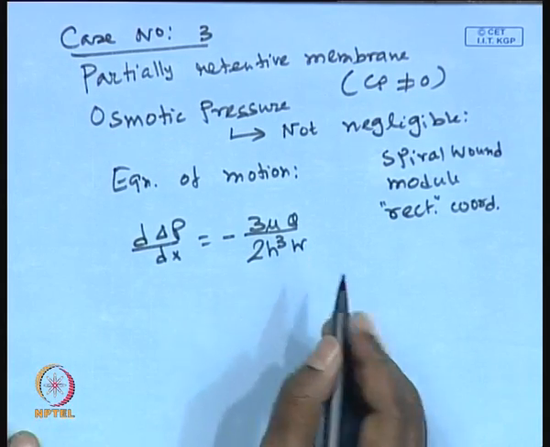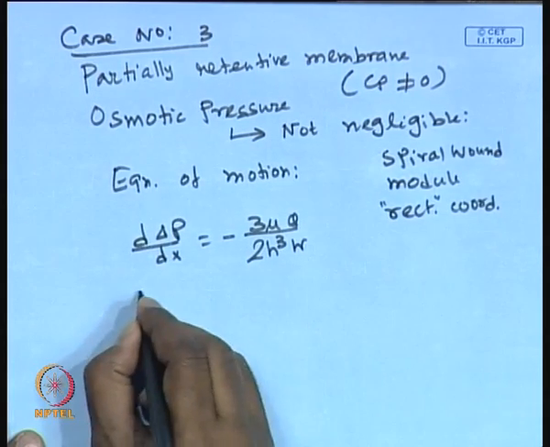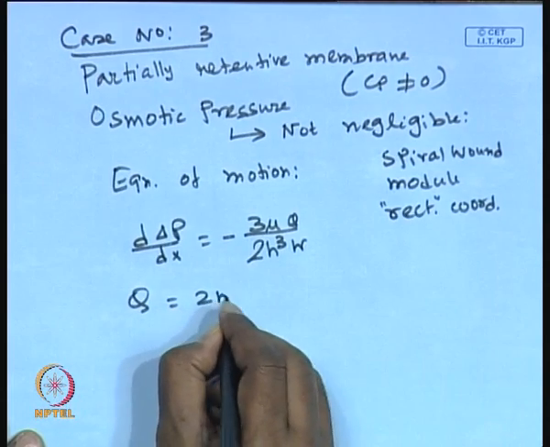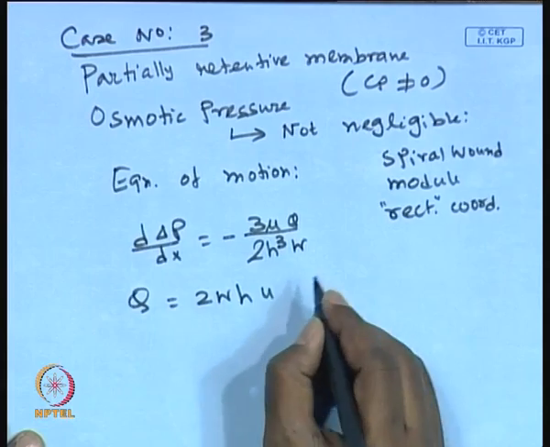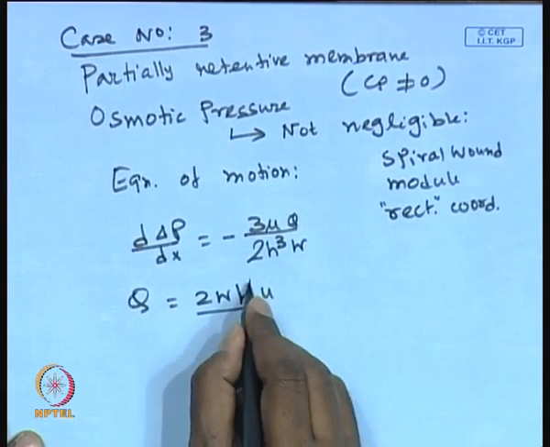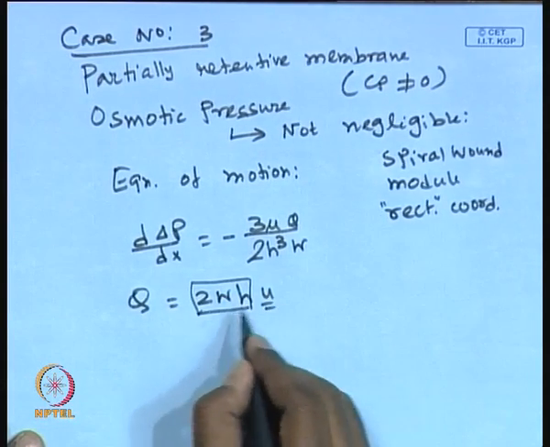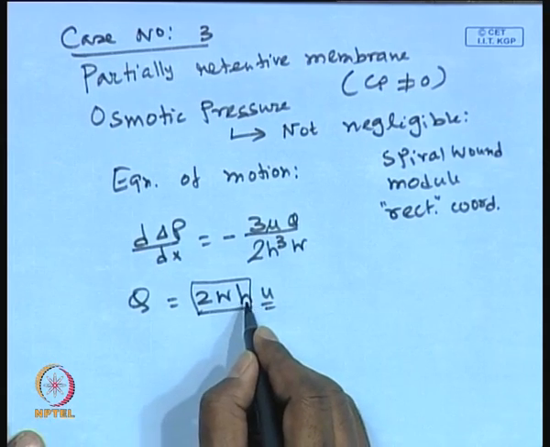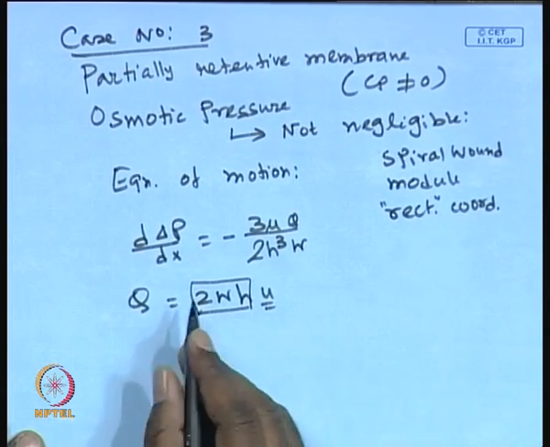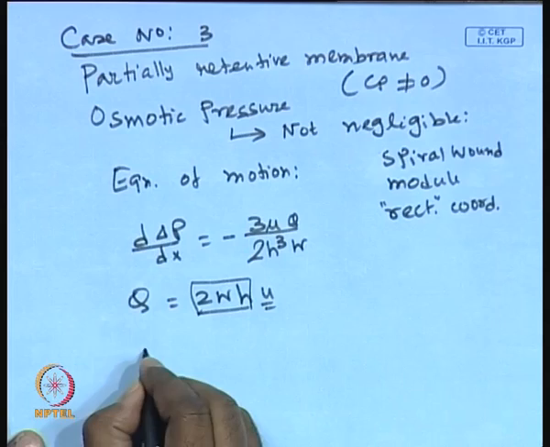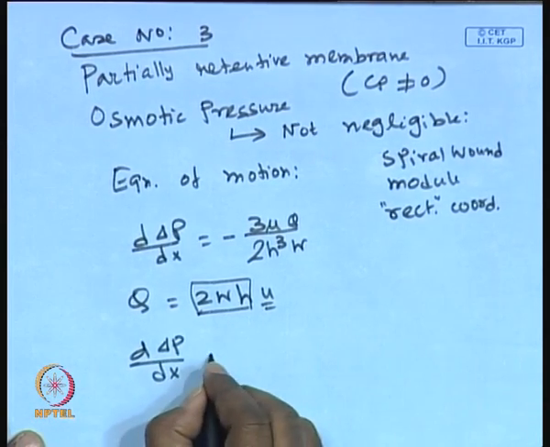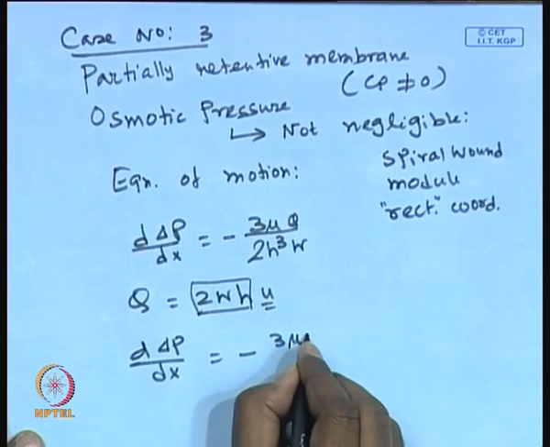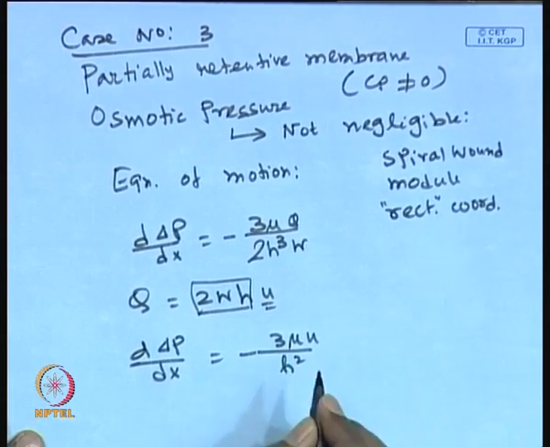That you get from the equation of motion, and substitute the flow rate, q is equal to 2 w h times u in the above equation, because this is the cross sectional area and this is the velocity. 2 comes because 2 times h is the half height, 2h is the full height. Okay. So, this becomes d delta P/dx equals minus 3 mu u divided by h square.